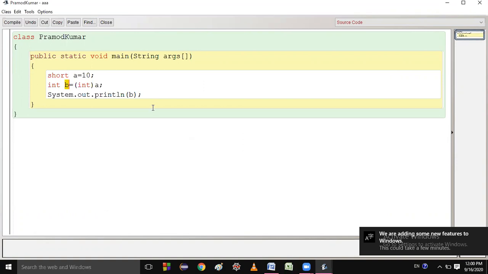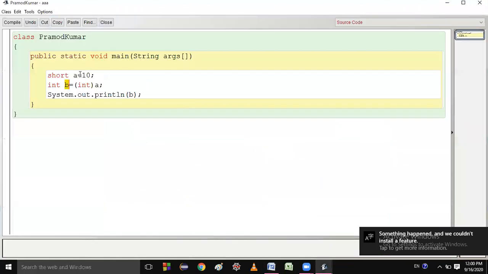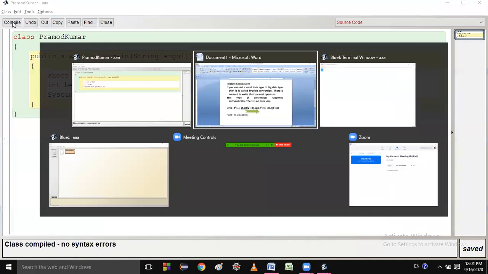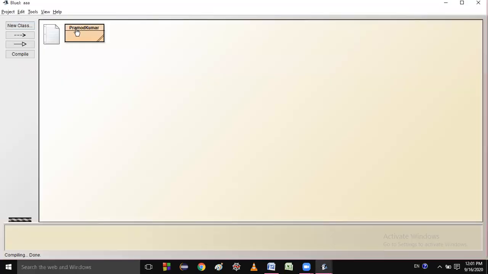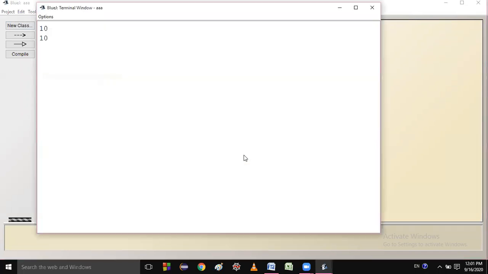Next one, there is no need to write the typecast operator. So if we remove this typecast operator, there will not be any problem. I just removed this one. You can see I compiled and then I am running this one. So there is no problem. Is it clear to you?